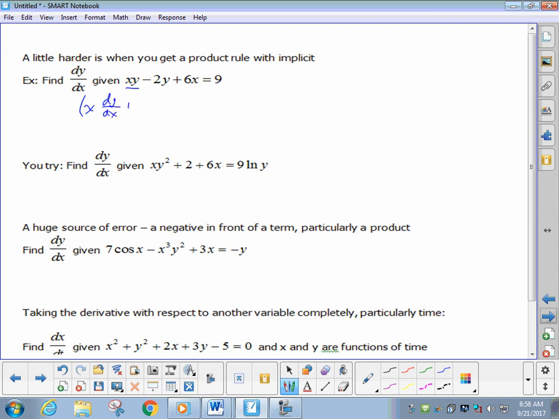Plus second stays the same, y, times the derivative of the first, 1, which you don't have to write. Minus 2 times derivative of y with respect to x: 2 dy/dx. Derivative of 6x: 6. Derivative of 9: 0.